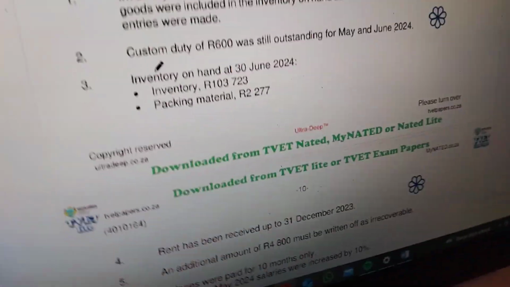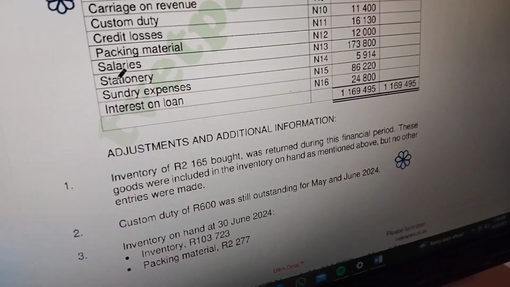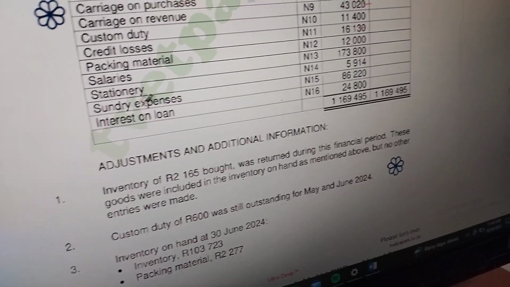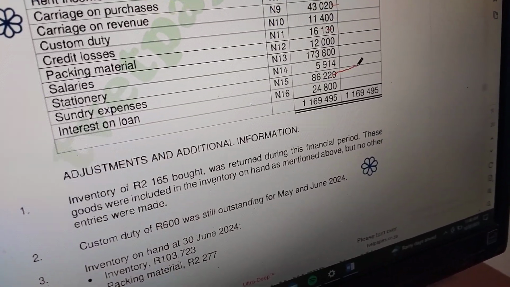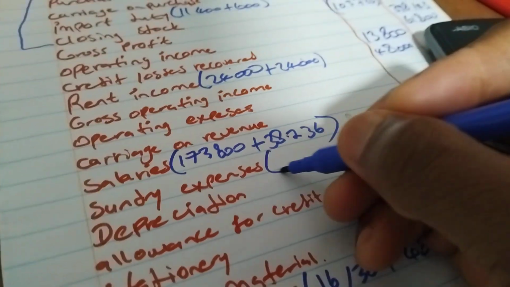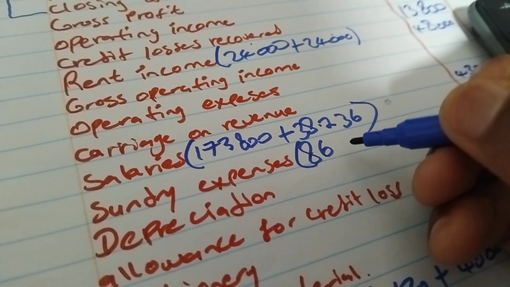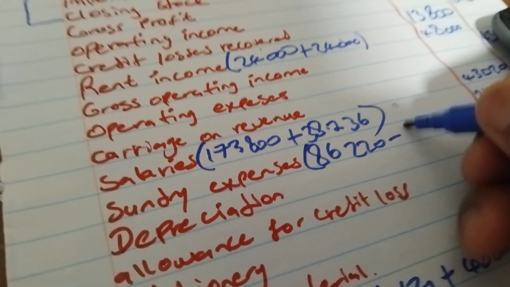What is the amount for sundry expense? Where is it? This is the sundry expense. It's 86,220. Let's go. 86,220, we less 6,000 rand.